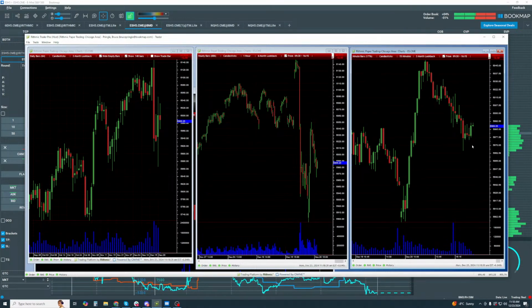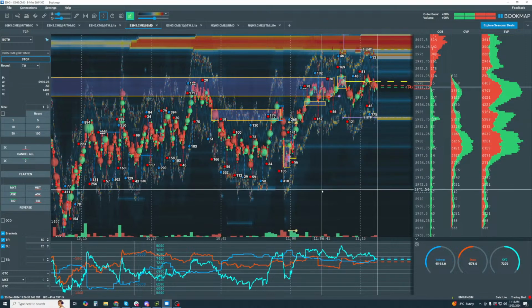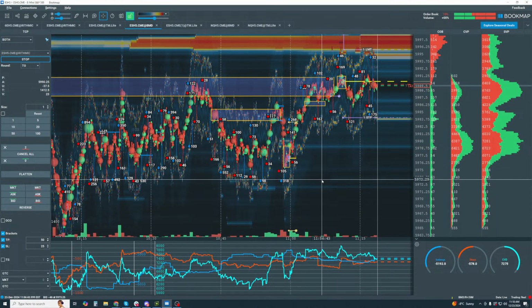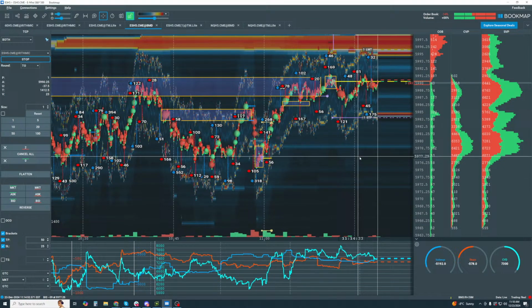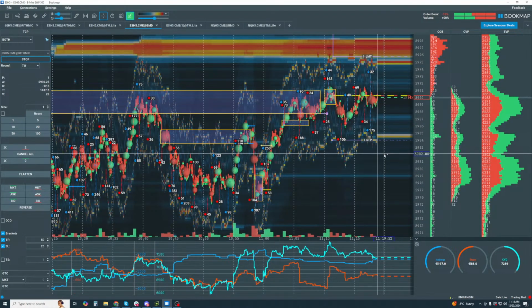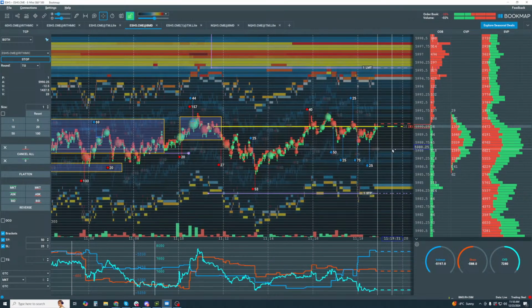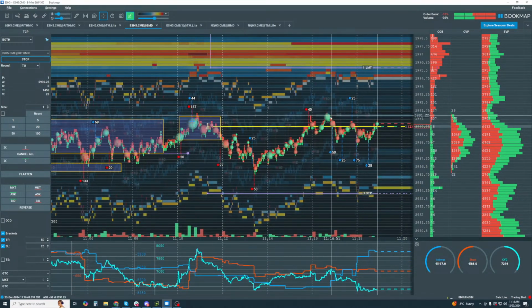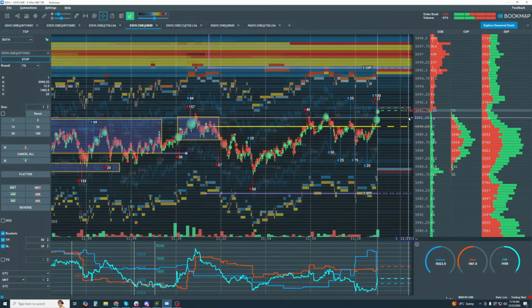I still like it. We've got these shorts in here that can get squeezed as well, so it's looking good.